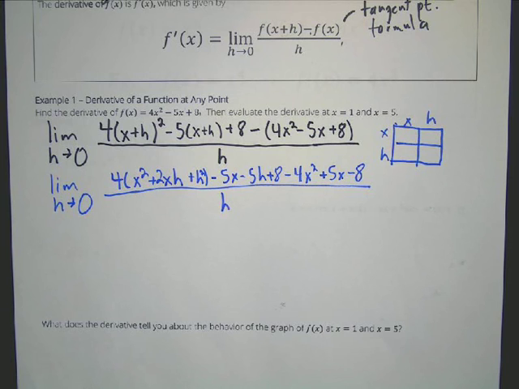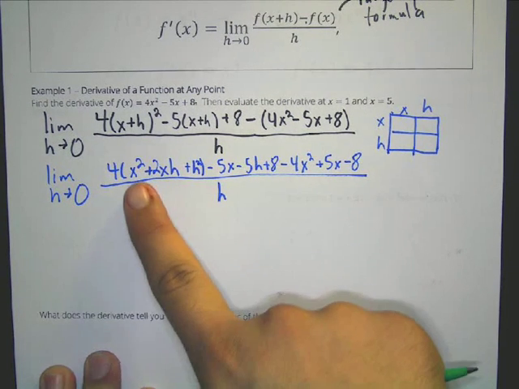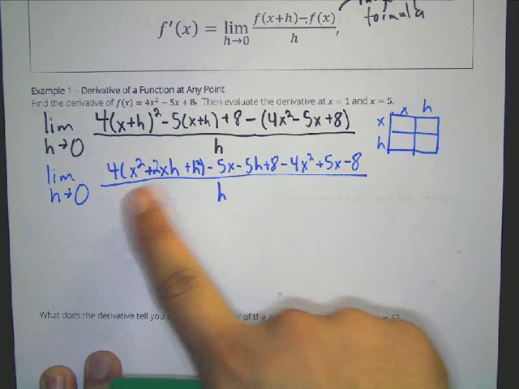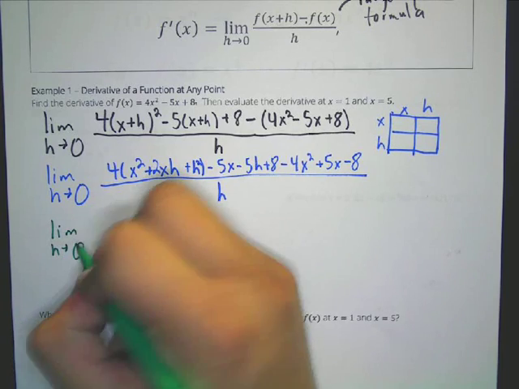All right. So, one more thing we want to do here. What's that? Yeah, let's distribute this 4. And warning, this is going to get pretty long. So make sure that you follow.